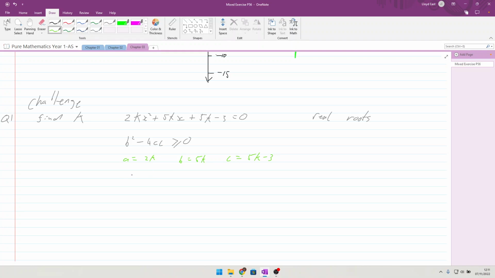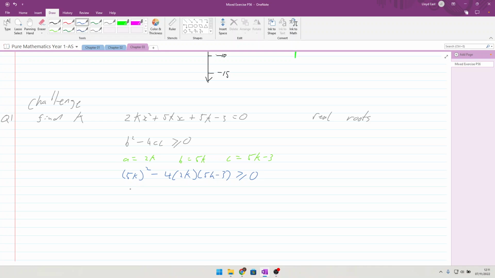So, putting that in, we have 5k squared minus 4 times a, which is 2k, times c, which is 5k minus 3, and that is all greater than or equal to 0.